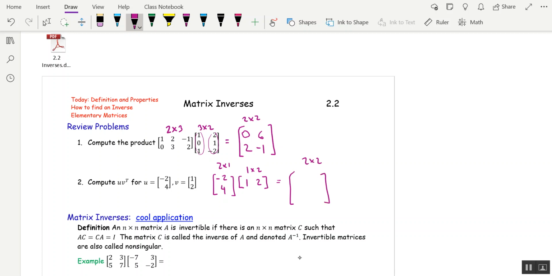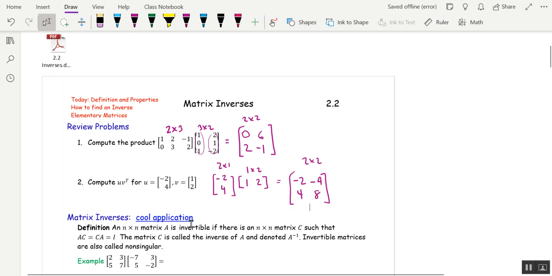It's funny because each row and each column is just one number. So the first multiplication is going to be -2. And then we get 4 times 1 is 4. And then we get -2 times 1. The next product is going to be, let's see, -2 times 2, which is -4. And then 4 times 2 is 8.